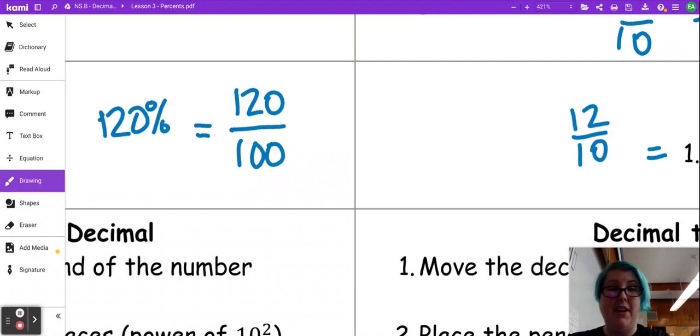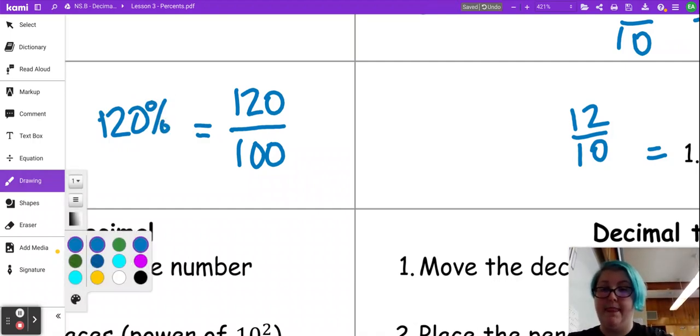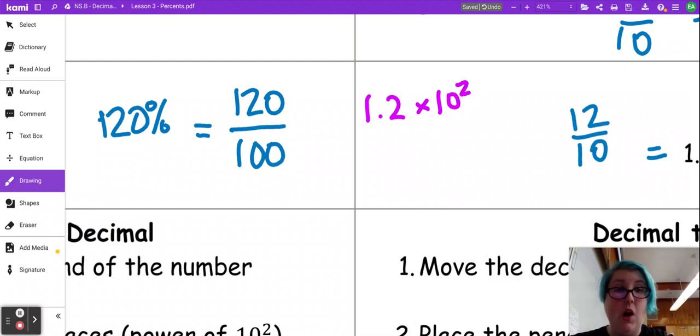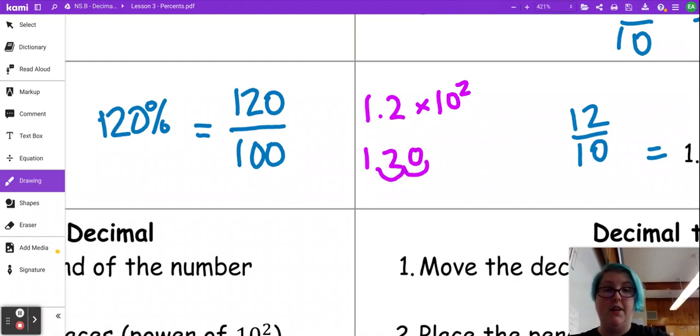The other way I like to think of this, folks, is if you have your 1.2, your power of 10 is going to be times 10 to the second, which will give you 120. So if I do 1.2 and I move the decimal 2 places, that would give me 120%.